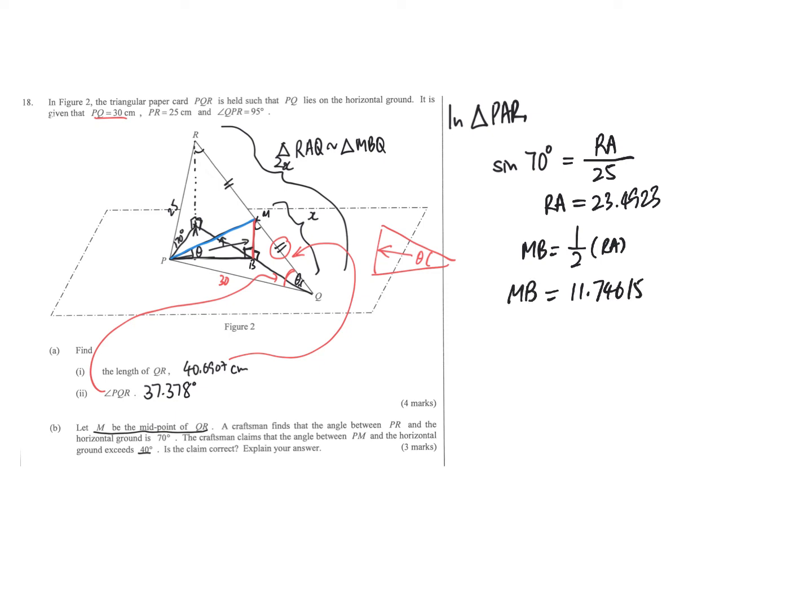And as I said already, we can use the cosine formula for the triangle PQM. To find the PM length, we would need the MQ length squared plus the PQ length squared minus 2 times MQ times PQ times the cosine of angle PQR.